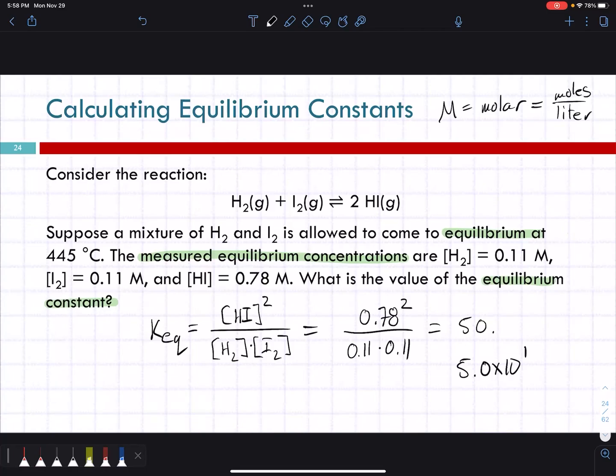Again, usually the units are left off because here we would end up with inverse molar. So 50 is not a super large KEQ, but we are going to have more products than reactants, actually 50 times.